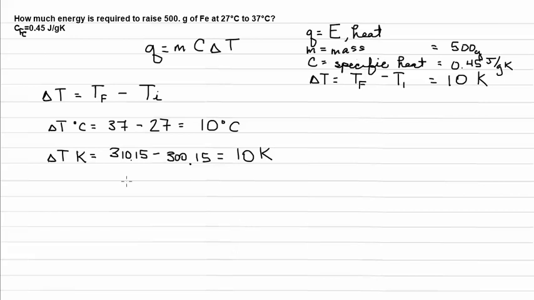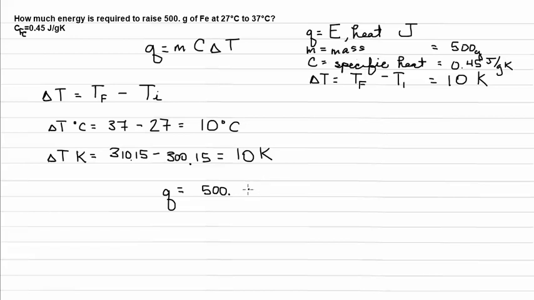Now we just have to plug things into the equation. So Q is equal to 500. And again, I'm going to do the same thing that I typically do during the gas laws, as long as my units match my units. So energy is going to be popped out in terms of joules. Grams is going to cancel with grams. Kelvin is going to cancel with Kelvin. I don't worry about putting them into the equation.